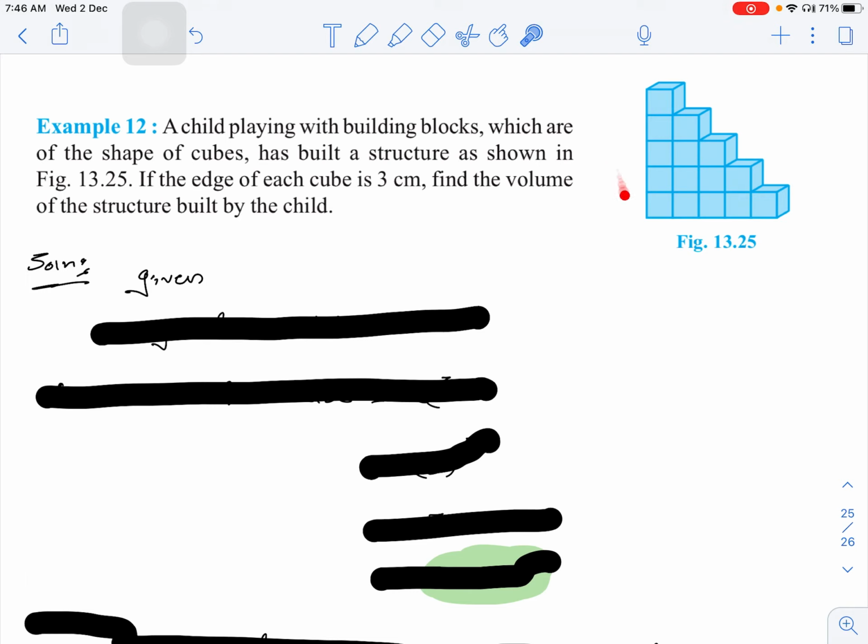So this volume of structure, when can we find it? For finding this volume of structure, we should know the volume of one cube and the number of cubes.